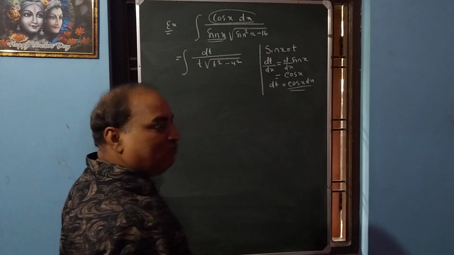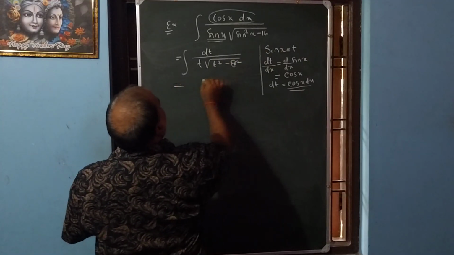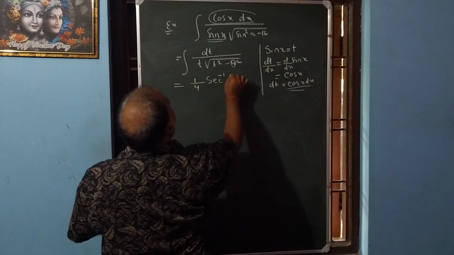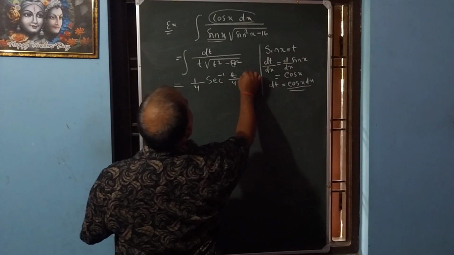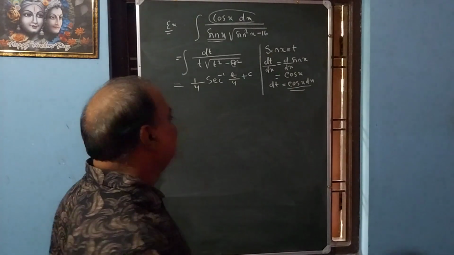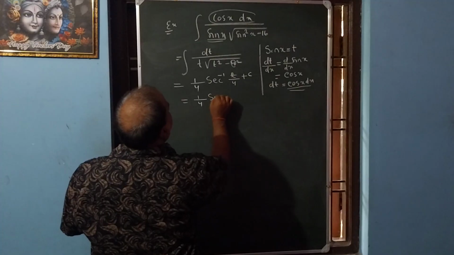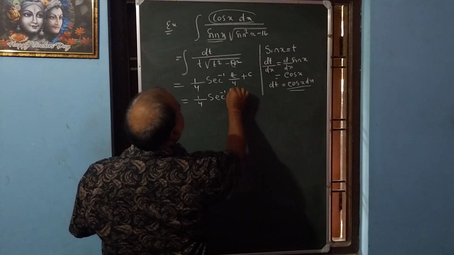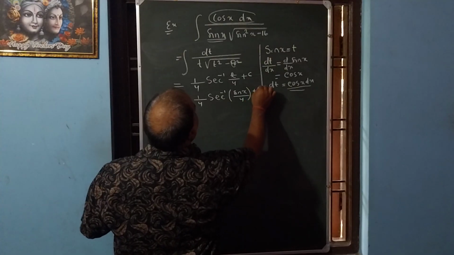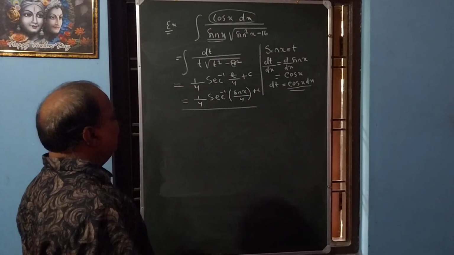Now applying the formula, we get 1 by a, which is 4 here, 1 by 4 sec inverse t by 4 plus c. Now in place of t, we have to put sin x. So we get 1 by 4 sec inverse sin x by 4 plus c. This is the answer.